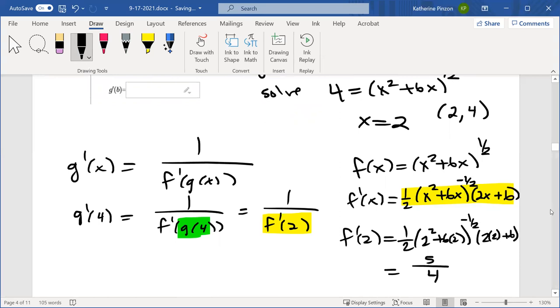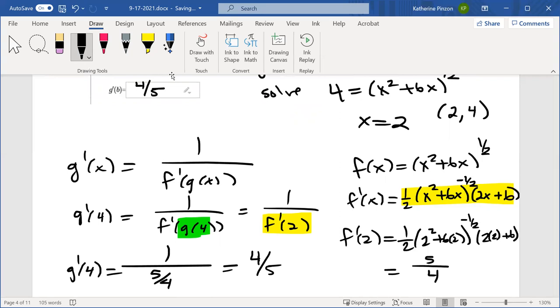I think you get 5 over 4. So I have 1 over 5 over 4, which is the same as 4 over 5. Yeah, just plug this in your calculator. Whatever you get, you plug this in your calculator.